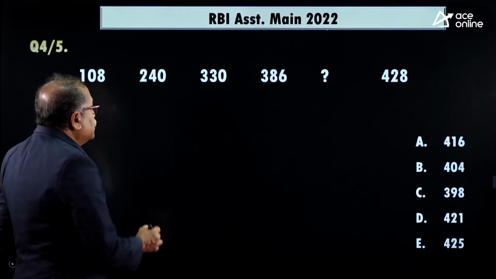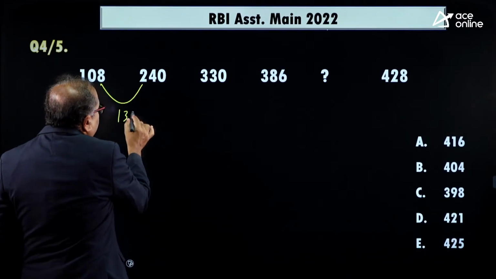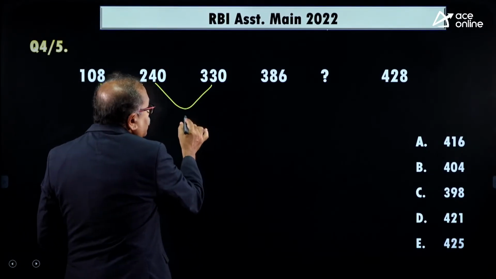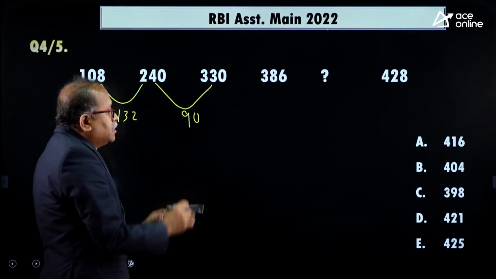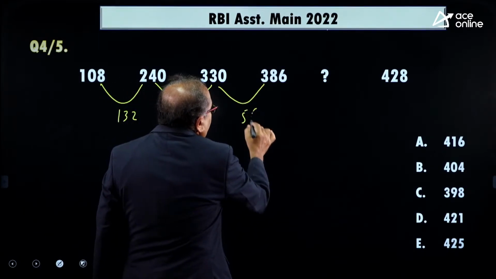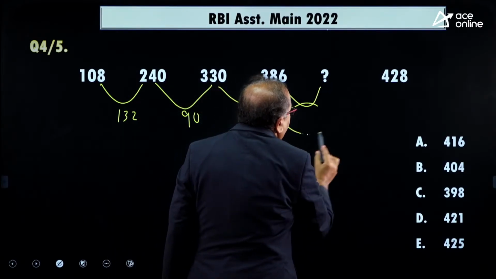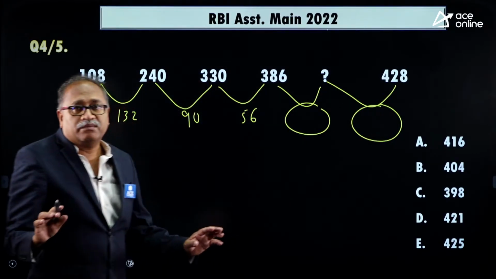The very first thing is I will take the difference from here to here, and I notice that the difference is 132, and coming to the difference over here, I notice the difference is 90, that means plus 90 and plus 56 over here, right. What should be the plus here in order to get the number, and if I add this number, I should get the next number.